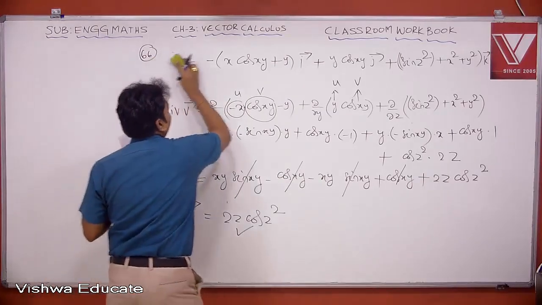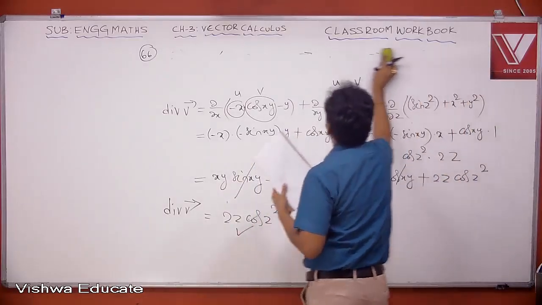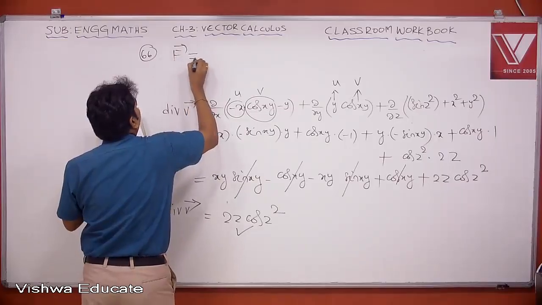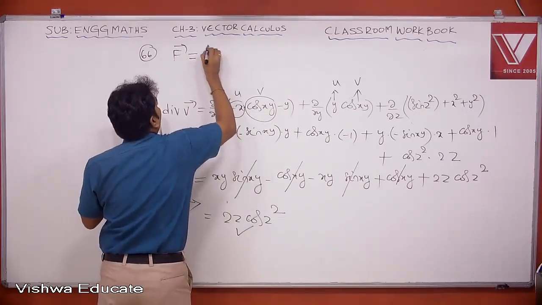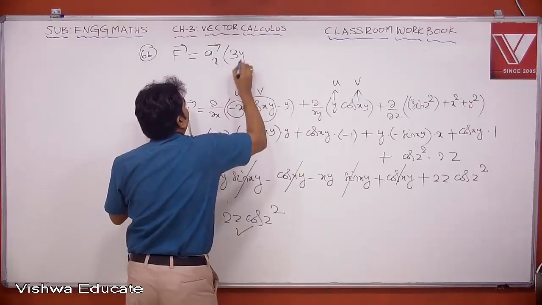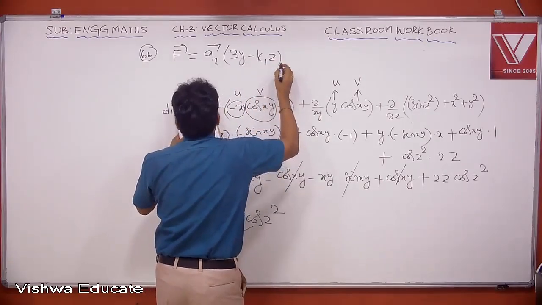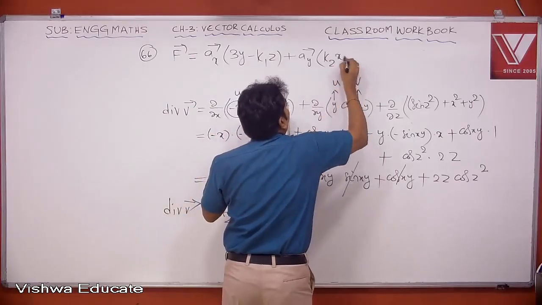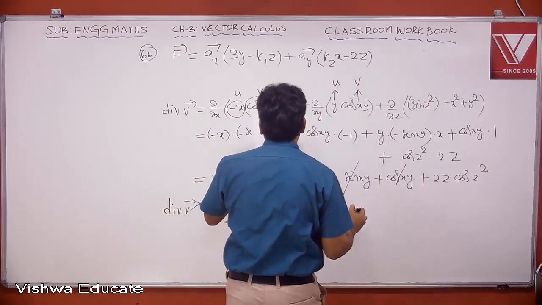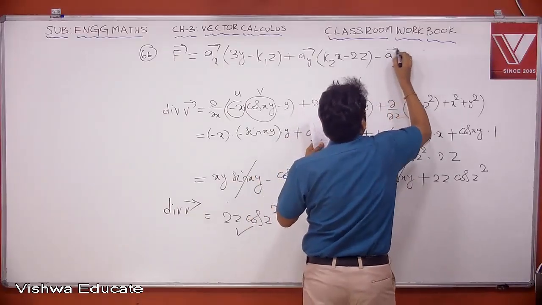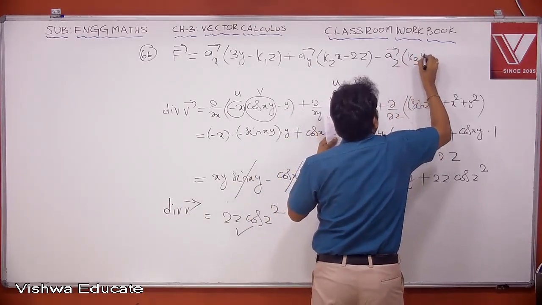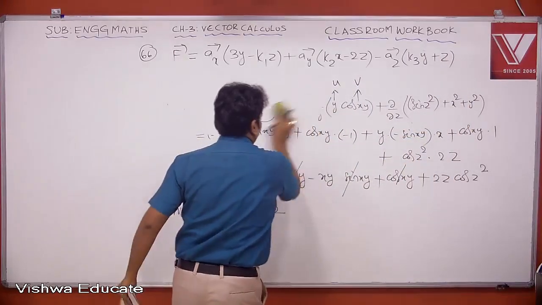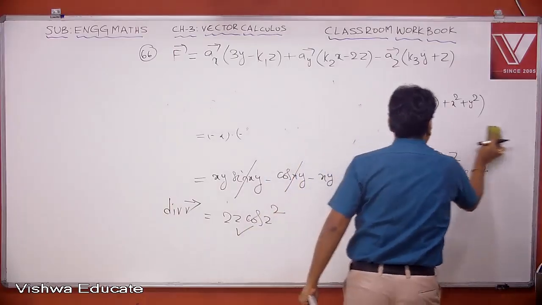If the vector function f bar equal to a x bar into 3y minus k1z plus a y bar into k2x minus 2z minus a z bar into k3y plus z is irrotational, then k1, k2, k3 are respectively.